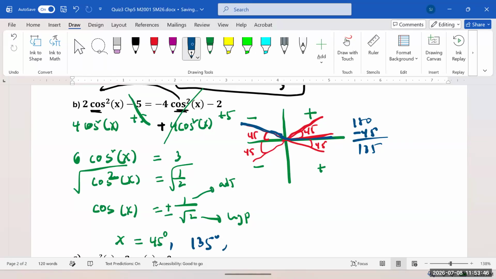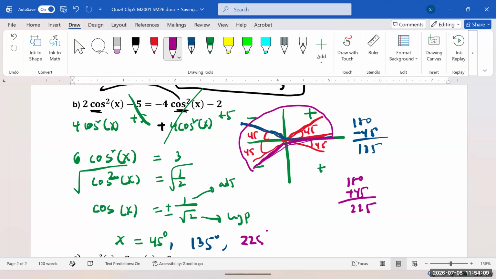Let me change to purple. Then we have our third angle, this purple one. From here to here, it's 180 plus 45 degrees. Because 180 plus 45 more. So 225. 225, yeah.